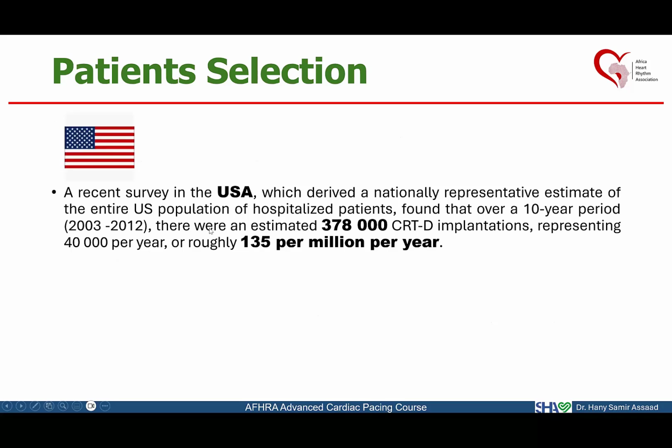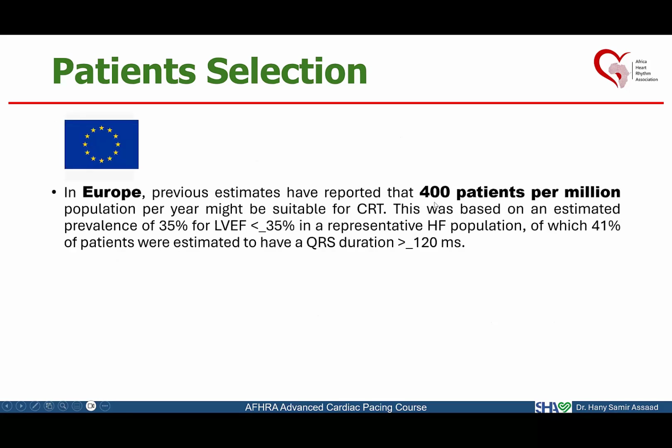In the USA, over almost 10 years, the estimated CRT-D implantation was more than 378,000 implantations, about 40,000 devices per year, or roughly 135 patients per million per year. The number increases in Europe, with more than 400 patients per million population per year.